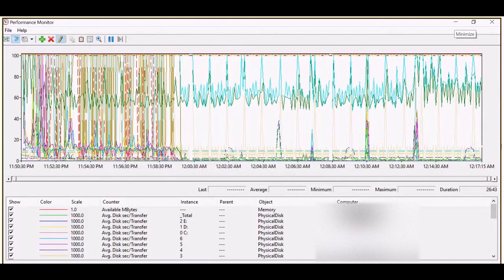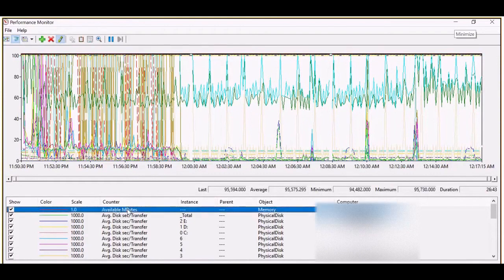Wow, that kind of looks interesting. We've got a whole bunch of stuff at the beginning, and then things kind of look different. So available megabytes: this is how much memory is left for the system to use, meaning the operating system and stuff like that.